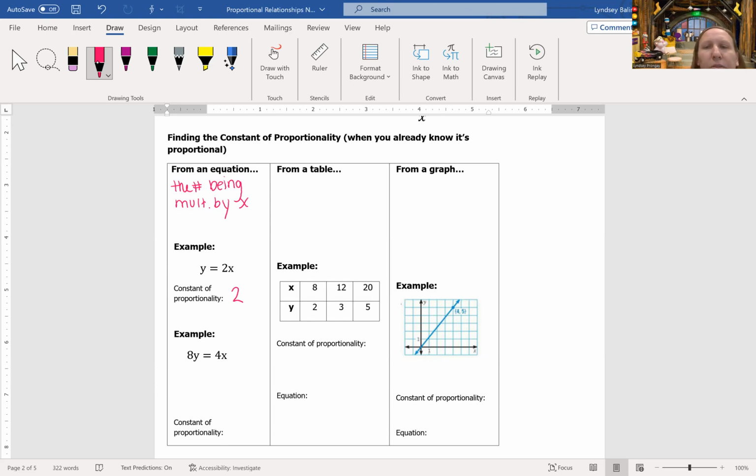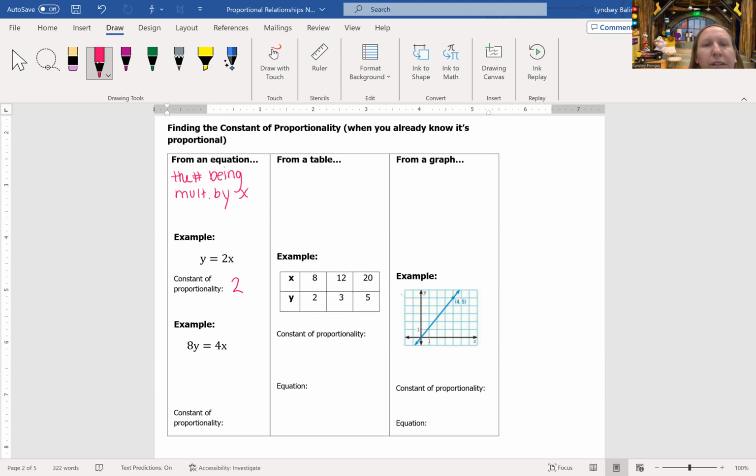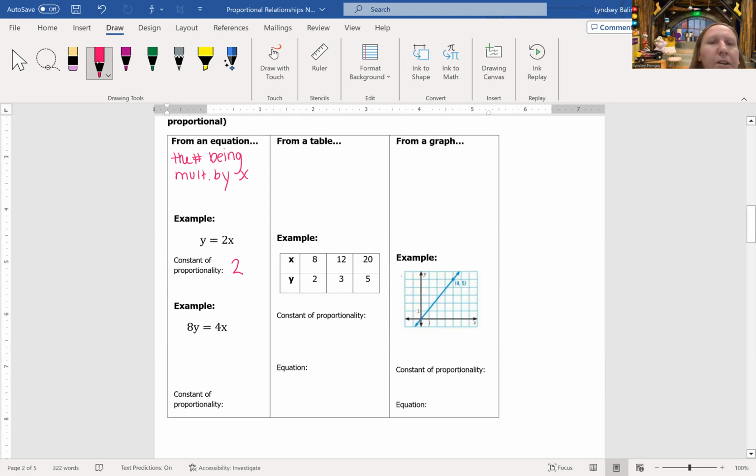In the next example, we do not have y by itself. So we need to do a little tiny extra work on this one to get y by itself first. If I divide both sides by 8, that will get the y by itself. We get y equals, and 4 divided by 8 would just be 0.5 or 1/2, however you want to write it.